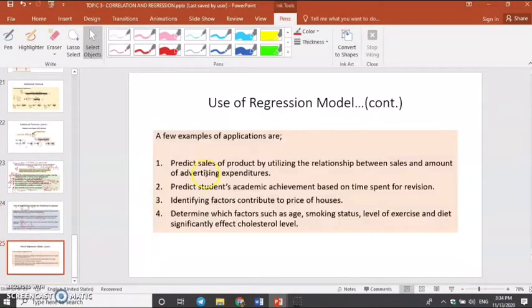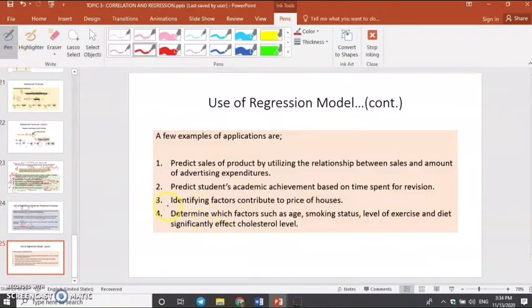Okay, so the next one is a few examples in terms of application. Predict the sale of a product, predict the student's academic achievement, and identify the factors, determine which factors such as age, smoking status, level of exercise, diet significantly affect the cholesterol level.